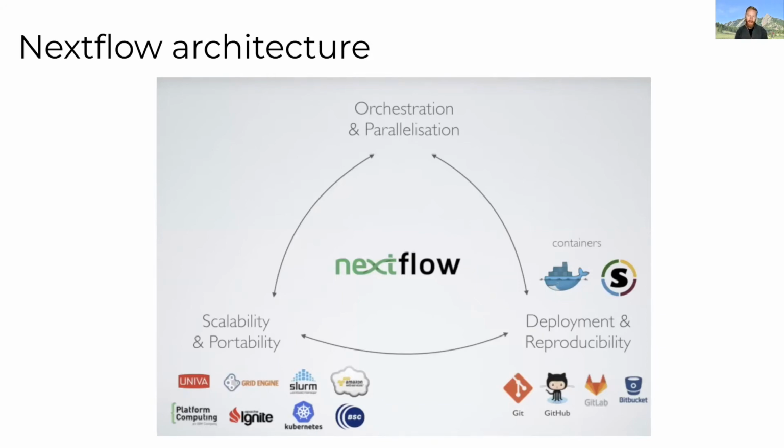It also plays really nicely with containers, which allows it to be reproducible, and it plays nicely with GitHub and Git and other version control systems that also allow you to do versioning and have that be reproducible as well.